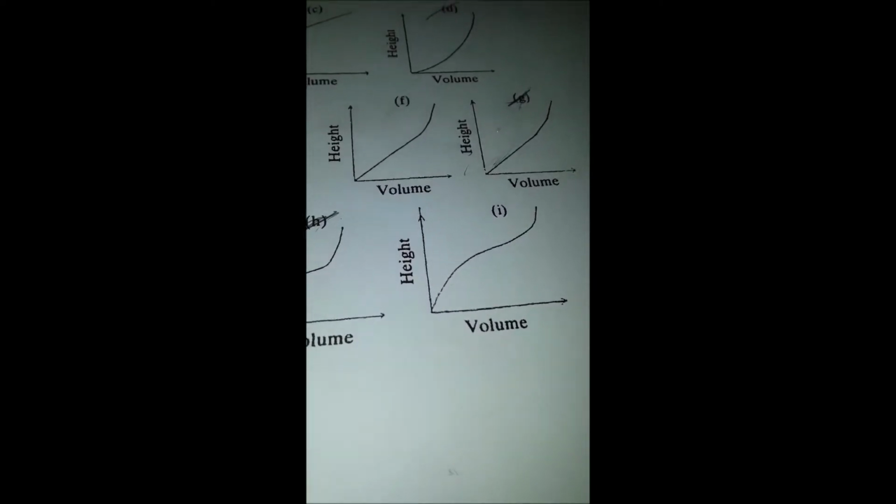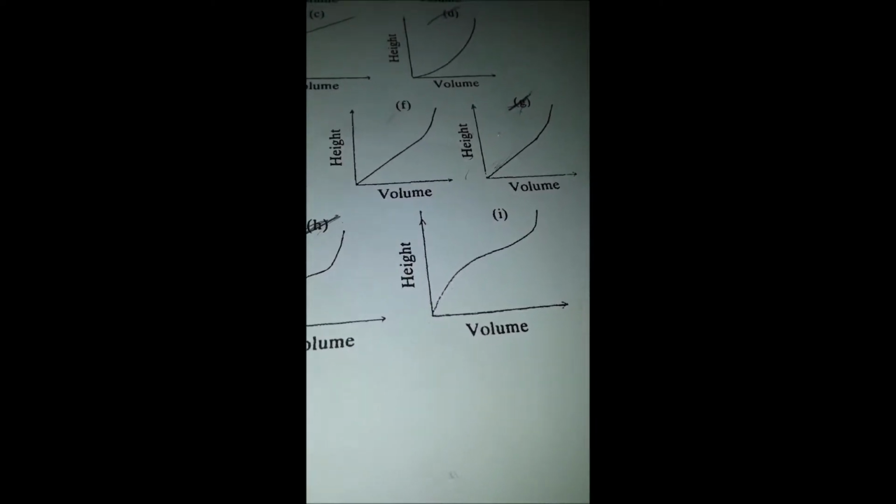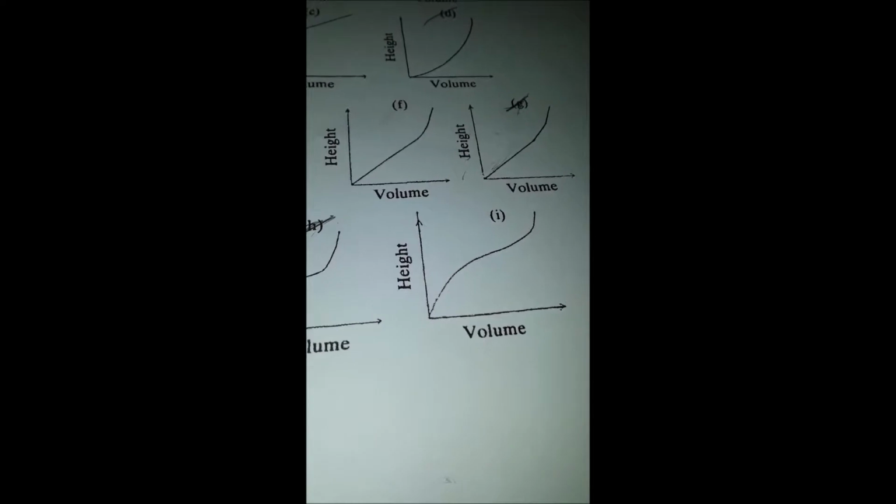The third one is the evaporating flask. We matched it with graph I. And the reason for matching it with graph I, which is this one, is because as soon as you start filling up the flask, you would see an increase in height rather than in volume.